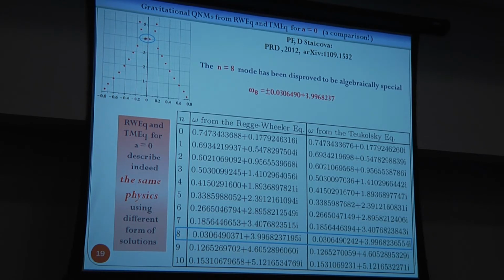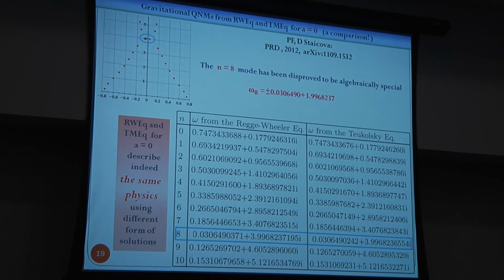At the beginning, people were thinking that this is some algebraically special mode with zero real part and pure imaginary part, an integer. You see that these numbers are ours, and the result was published in September and accepted for publication in PRD, and will appear next week, maybe.